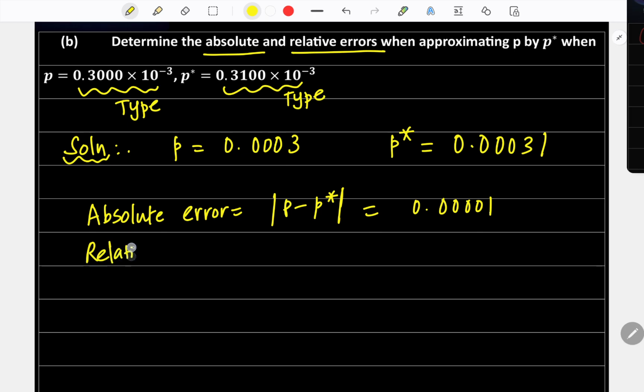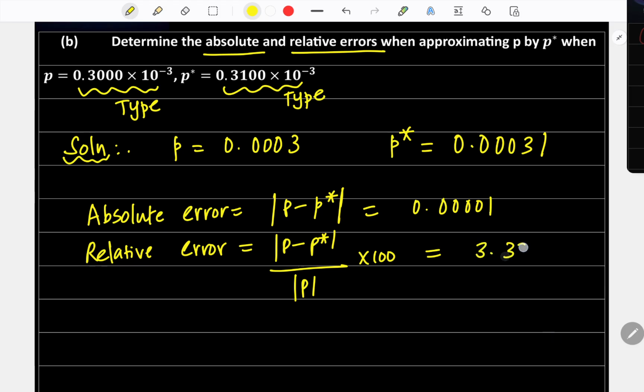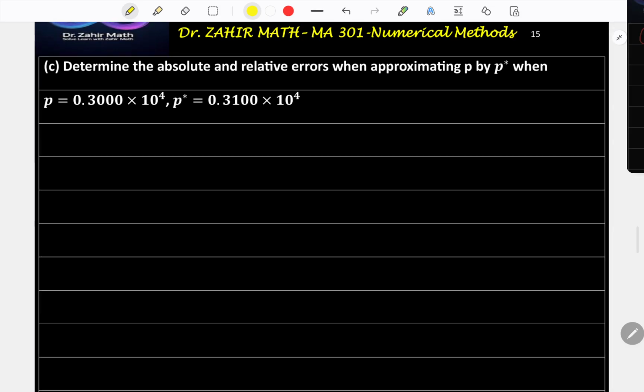And the relative error, I told you, same formula, p minus p star divided by absolute value p, multiplied by 100, which is equal to, everything you put in the calculator, 3.33 percentage. So this is your absolute error and this is your relative error. That's all the question. Again the same question: determine the absolute and relative error when approximating p by p star. Okay, same question, it's repeating, but it's okay.